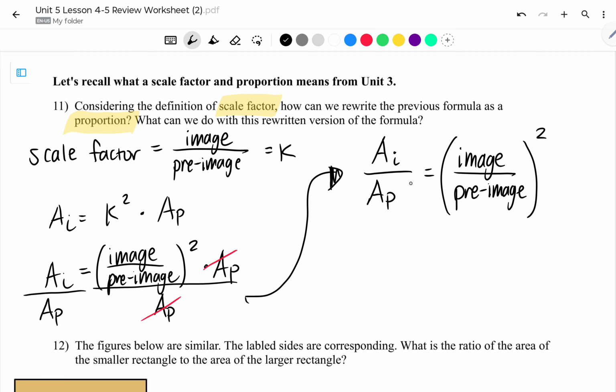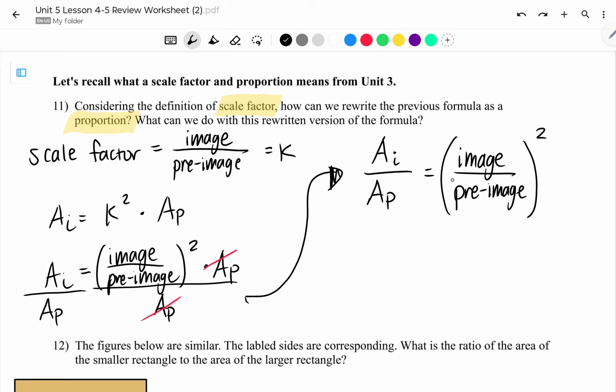We're basically comparing the ratio of the areas to the ratio of the sides, corresponding sides. And we have to square the ratio of the corresponding sides because area is already squared, right? The units in area are like feet squared, inches squared, centimeters squared.